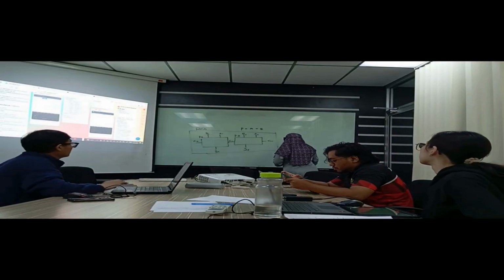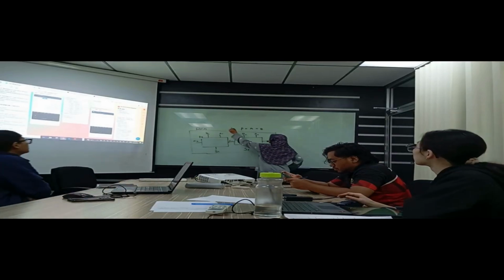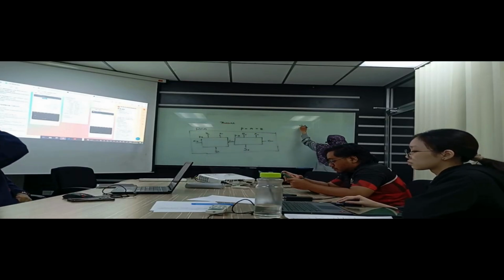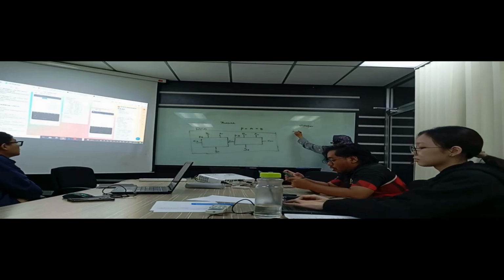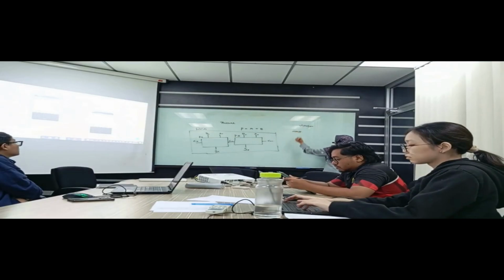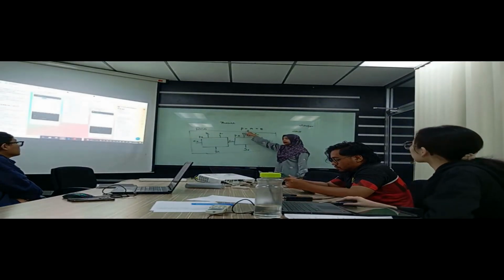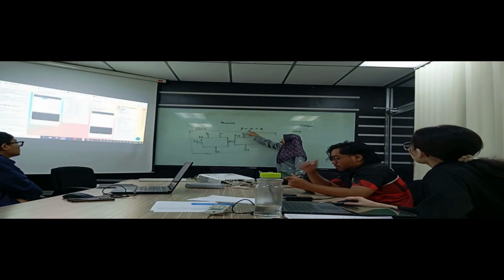So now, this is structural modeling, and this is data flow. I will use the assign keyword, and it is similar to the Boolean expression. This is your Boolean expression.